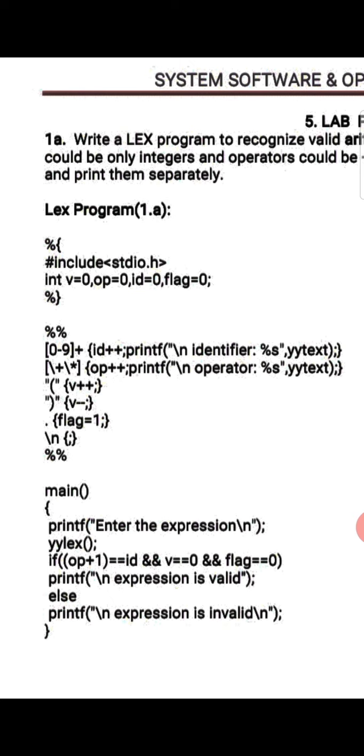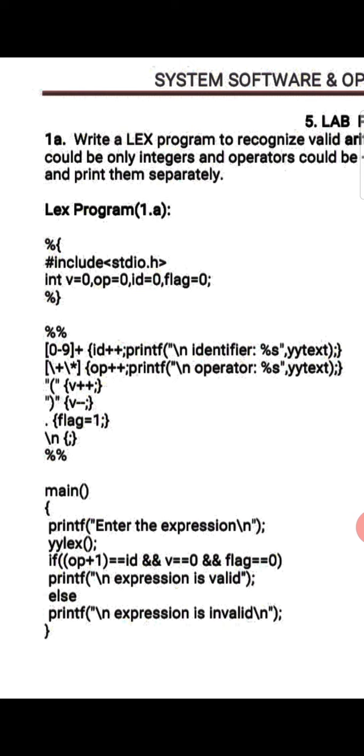In order to check whether the expression is valid or not, we are using the next part, the if-else part in the main section, that is if OP plus 1 is equal to ID count. If I take the 3 plus 4 expression, OP plus 1: the number of operators is 1, so OP is 1, and 1 plus 1 is 2.